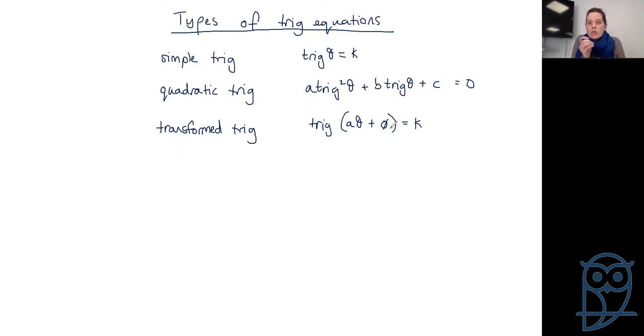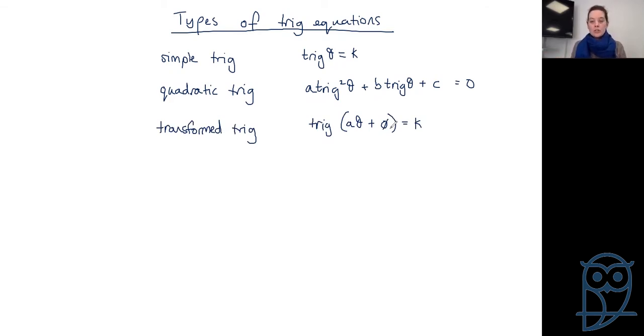So you would do 2 times your angle, then you would do your sine. So this is a little different from your first initial trig because things are packed in there before you're doing your trig function. So you've got simple trig, quadratic trig, and transformed trig, but they all boil down quite nicely to simple trig with just a few additions on.